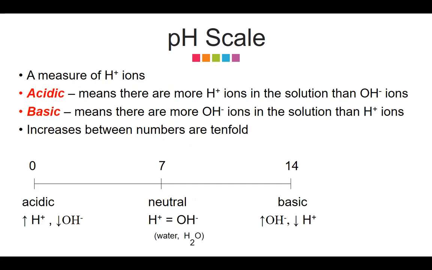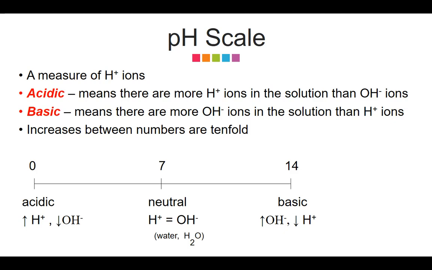So the increases between the numbers going from 7 to 8, 8 to 9, 7 to 6, 6 to 5, and so on, are tenfold. So going from 7 to 6, you have 10 times as many hydrogen ions as you do at 7. At 7, the hydrogen ions and hydroxide ions are even.